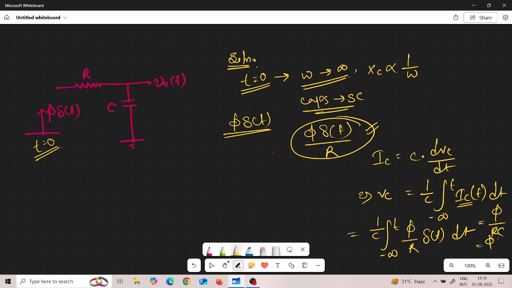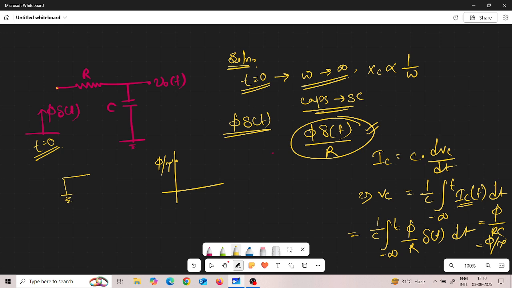So Φ by tau. Initially at t equal to 0 plus, the voltage across the capacitor becomes Φ by tau. After that there is no existence of the input, because the input exists only at t equal to 0. Then there is 0 input, so the circuit will look like this.